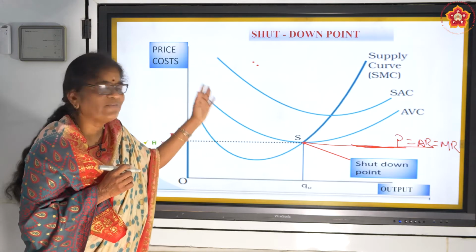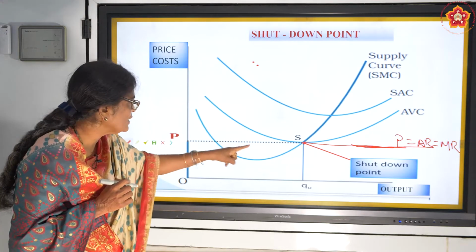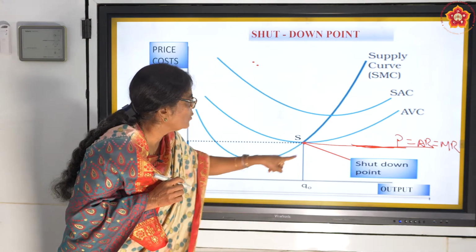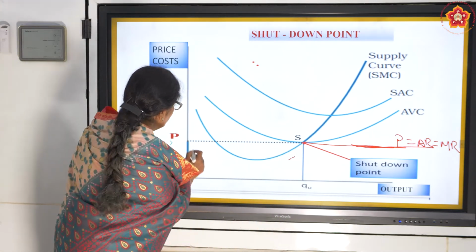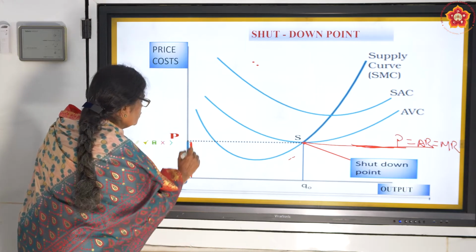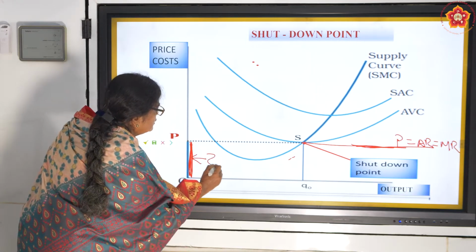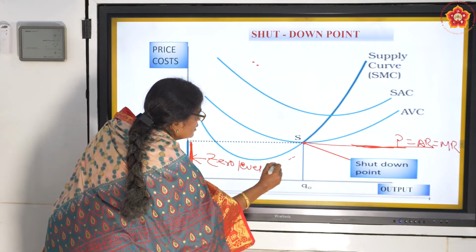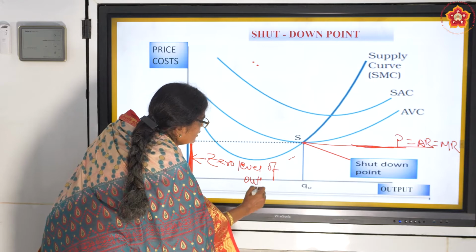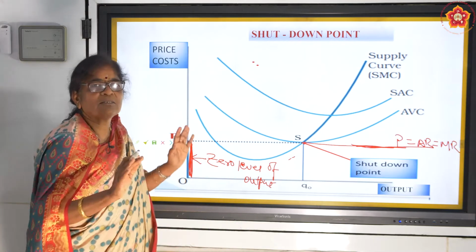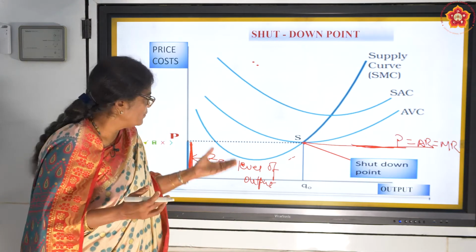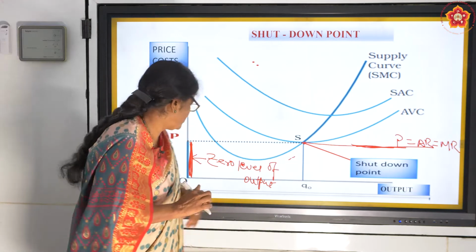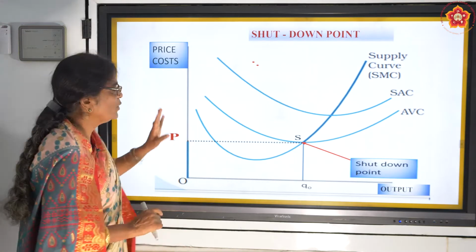Under that only the functioning of firms is studied. Therefore, we can say if price or this AR is below this average variable cost, then the firm will produce this output. This is called zero level of output. Zero level of output means the firm has closed the operation, or the firm has exited the market. That is the situation called the shutdown point. I hope you understood clearly.